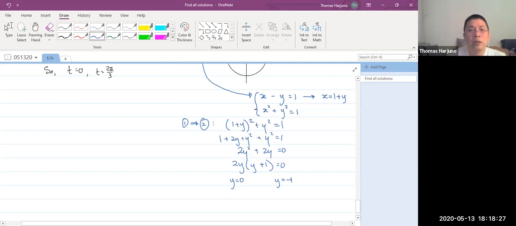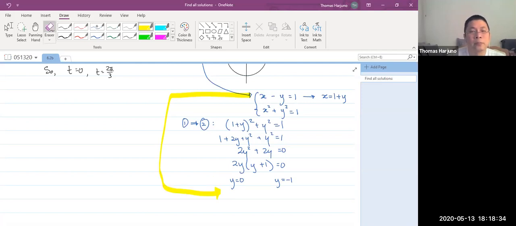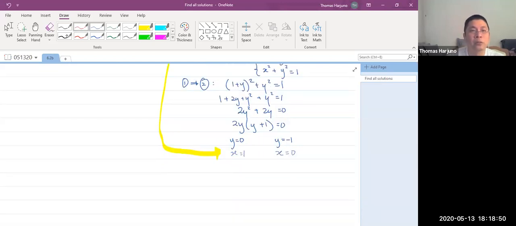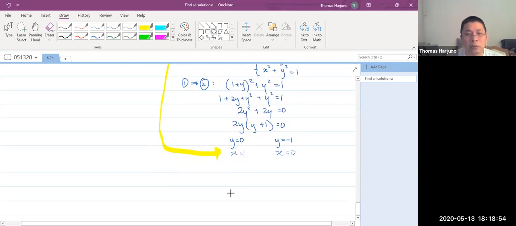Then I plug that into equation 1 for each branch. If y equals 0, x is 1. When y is negative 1, x is 0. Then we look back at the unit circle.